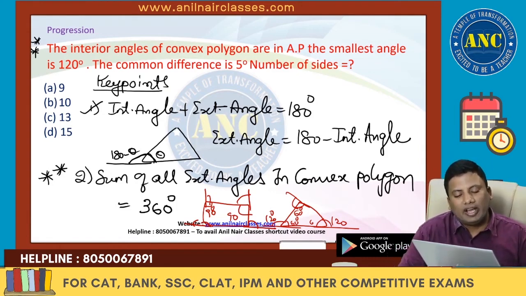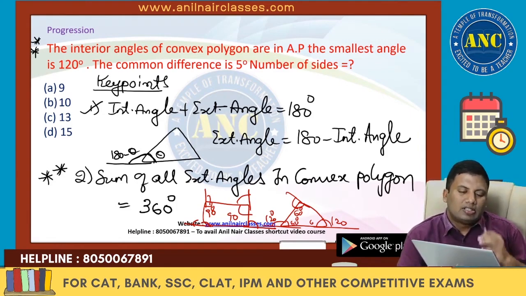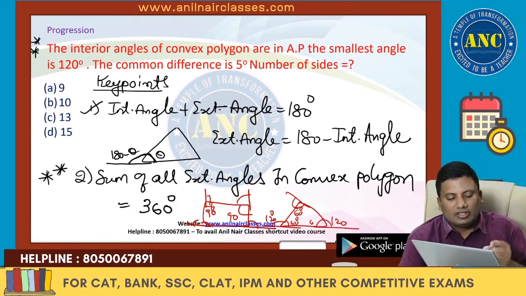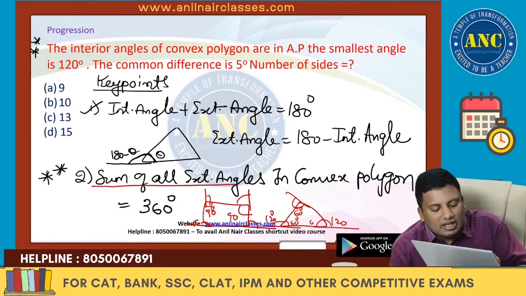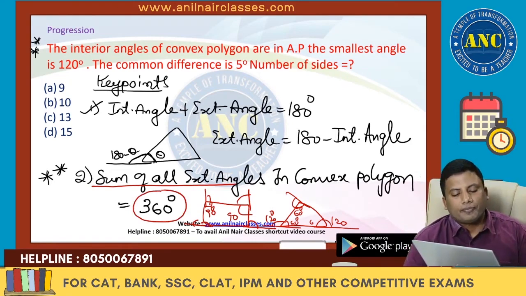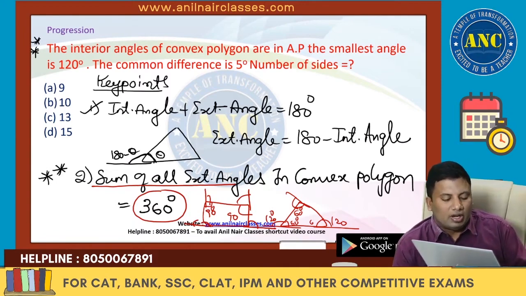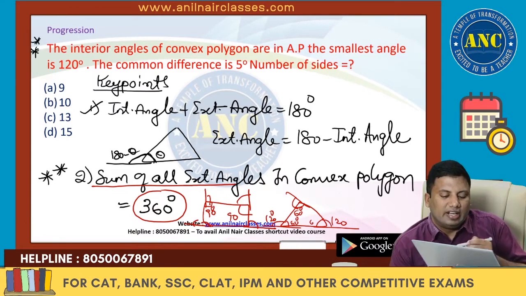What is the sum of the three angles? It is 360. Very important point. Sum of all exterior angles in a convex polygon is 360 degrees.